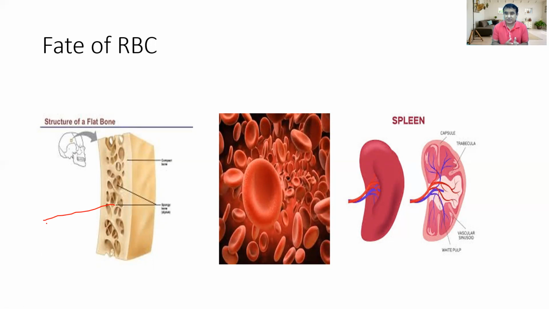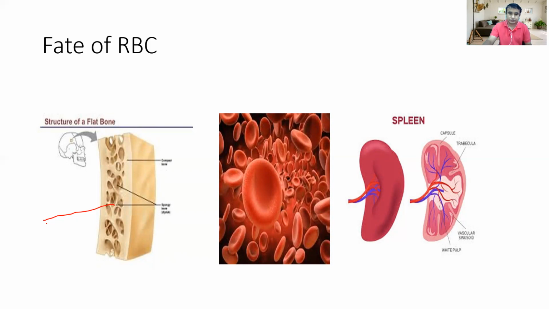After passing its life cycle in the marrow, it goes to the peripheral circulation as RBCs. Then, after some days, all these RBCs get trapped in the spleen and they die in the spleen. So the RBC has a certain life cycle.